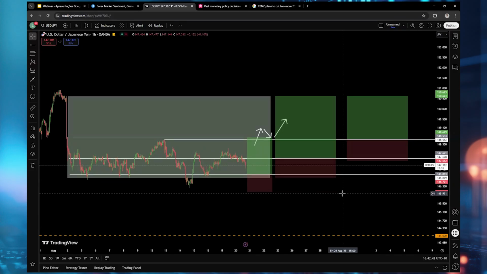Then from there, we would be looking to get another position at the 50%. When the market already got the first position and it's going for the 50%, I would be looking to get into another position at around 146,628.